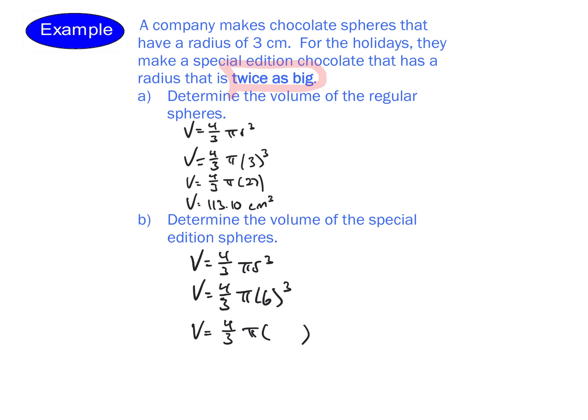So that's 6 times 6 times 6, and 6 times 6 times 6 is 216. So now we're just going to go 4/3 pi times 216. And that gives us, holy man, 904.78 centimeters cubed.